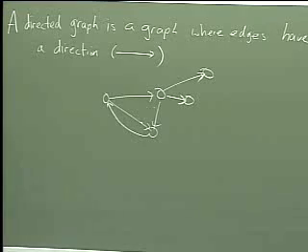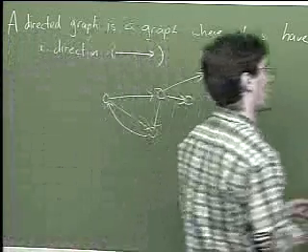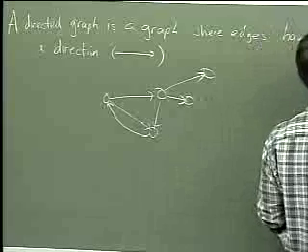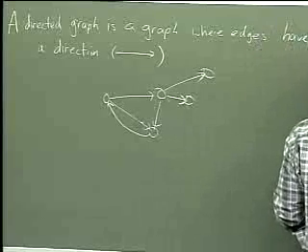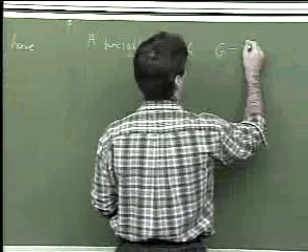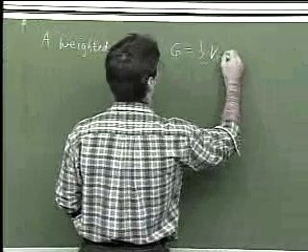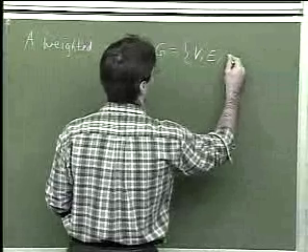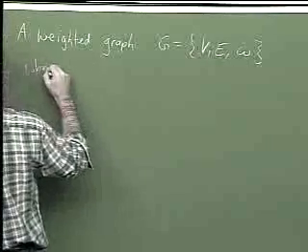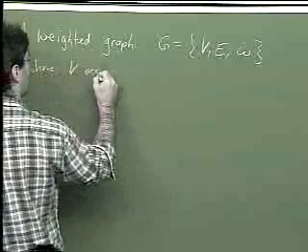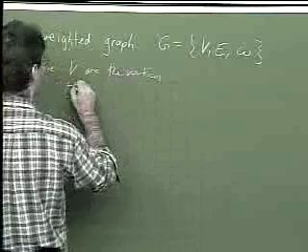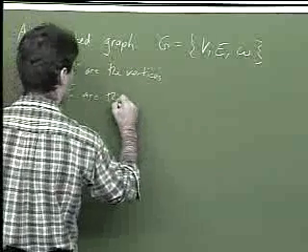We're not going to deal so much with directed graphs. But what we are going to deal with is weighted graphs. We're going to deal with a type of weighted graph. Let's call it W. Here are the vertices. Here are the edges.